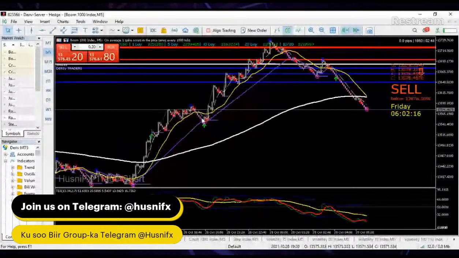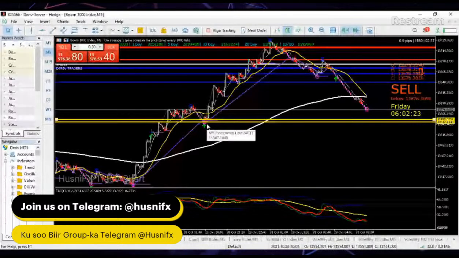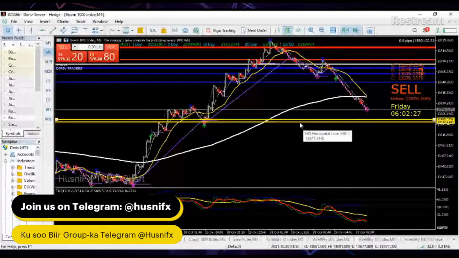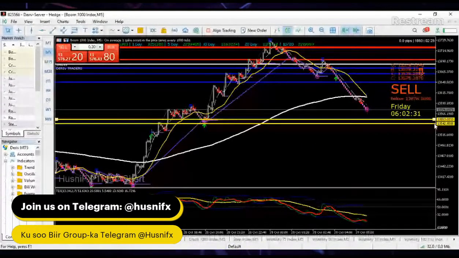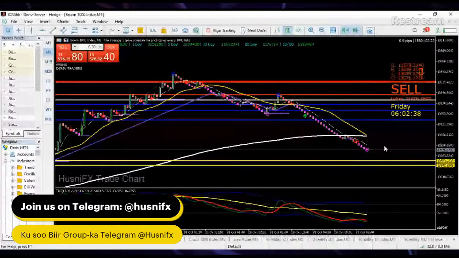You can see that this market wants to buy this level. This is the demand area, or what we call support. So this market will have its buy entry at this area.